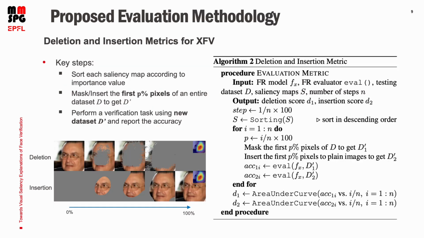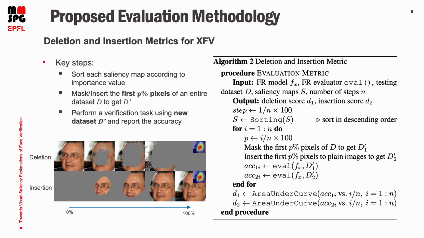Despite the development of explainable face verification, the importance of rigorous evaluation methodologies has been overlooked. In this work, we propose new deletion and insertion metrics to better fit explanation methods for face verification. As shown in the figure and the algorithm, for the deletion metric, assuming we have saliency maps for dataset D, we first sort each saliency map according to the importance value.